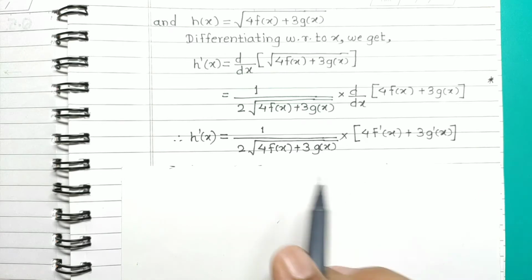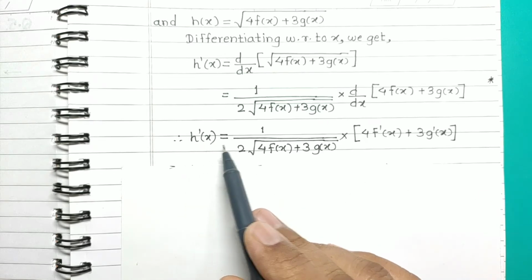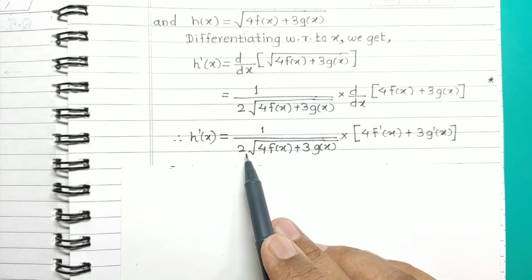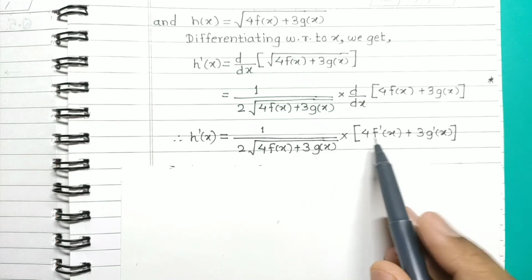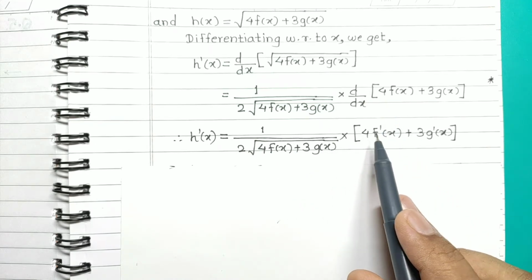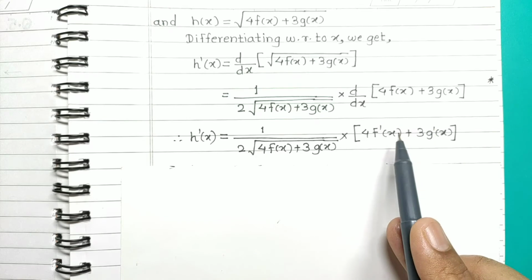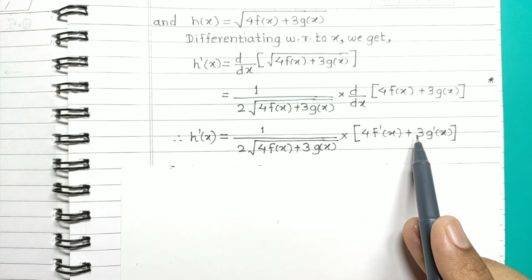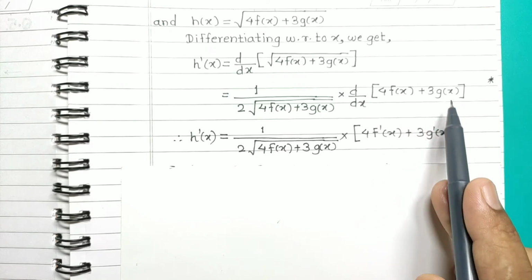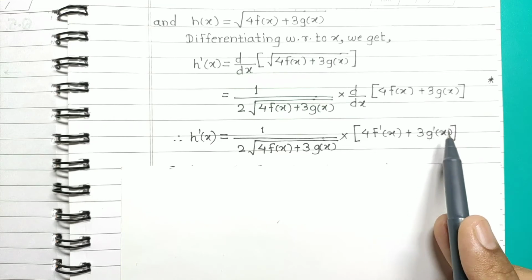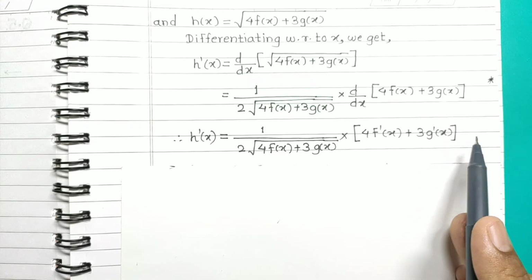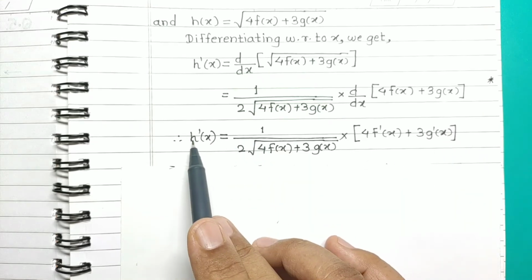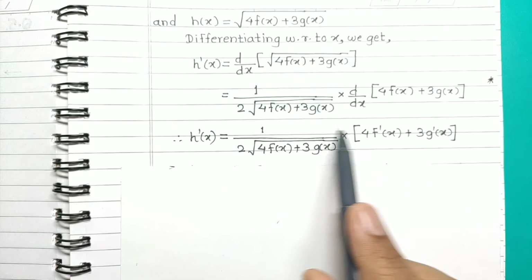So here we have h dash of x is equal to 1 upon 2 into the square root into, see, 4 constant, derivative of f of x is f dash of x, plus 3 constant, derivative of g of x is g dash of x. Okay, so we have h dash of x like this.